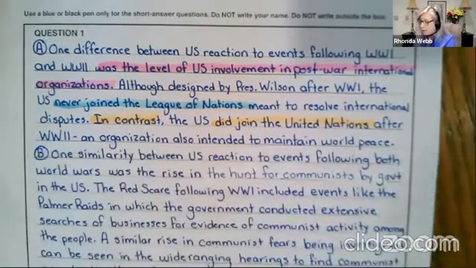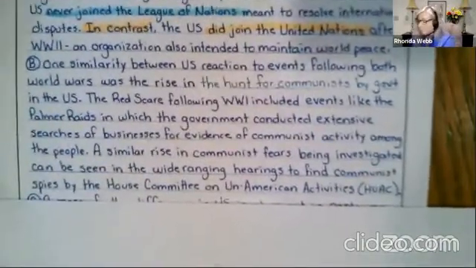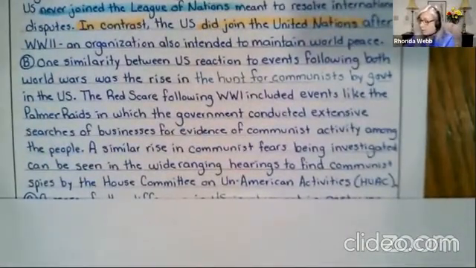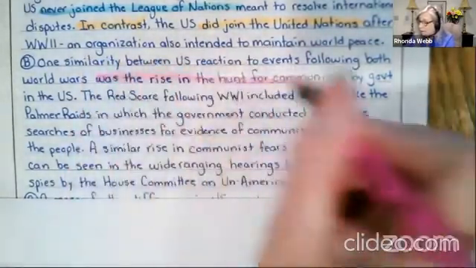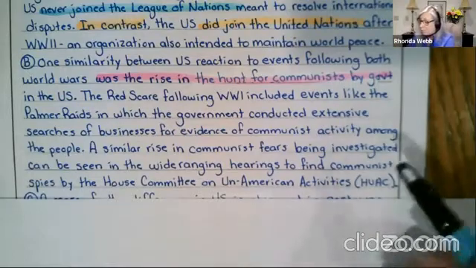Then I want to get into a similarity for part B. So this would have earned a point here for A. One similarity between U.S. reaction to events following both world wars was the rise in the hunt for communists by the government in the United States. I need to prove it. So I need to show where they were hunting communists after World War I and after World War II.